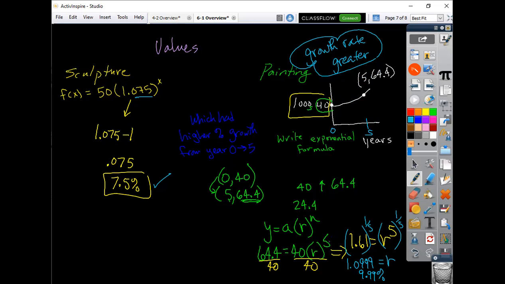That's why the 5. Divide by this starting value to get the rate alone. Base to a power, after you have your base to a power, that's when you rewrite it as a, your power is, you want to get it at 1 up there, so 5 to the 1/5, the reciprocal. Both sides, and there we have it.